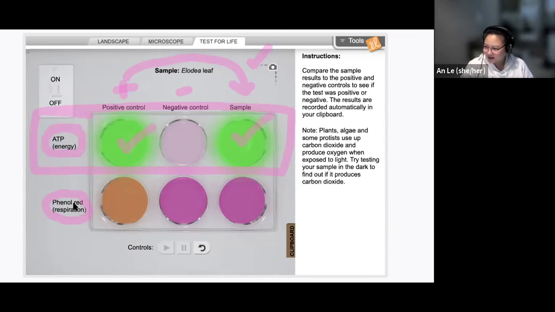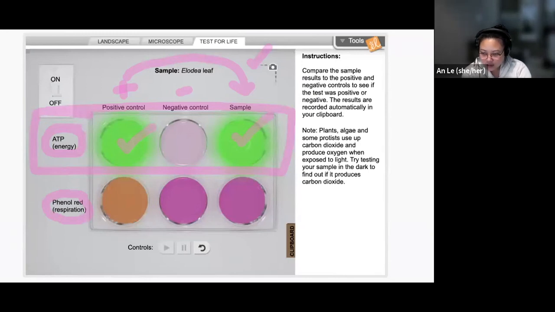Okay, so does the sample here have acid? Yes or no? Okay, so let me type in the chat here. Does the sample have acid?